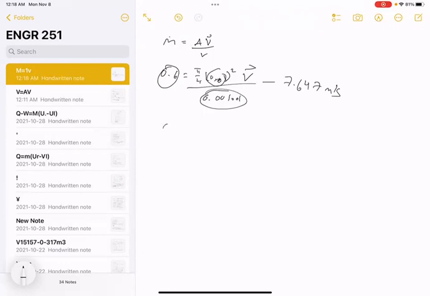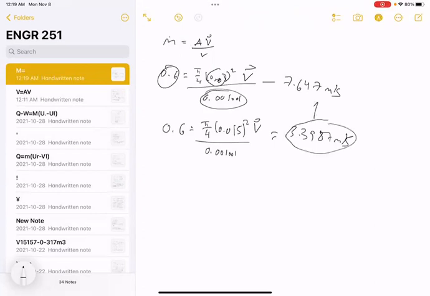If we recalculate V, this time using a 1.5 centimeter opening and the same specific volume, we'll end up with a velocity of 3.3987 meters per second. You can see clearly that this is significantly smaller than the inlet velocity.